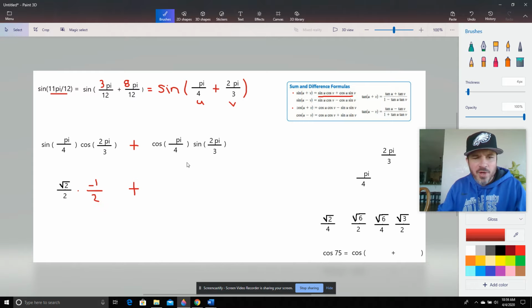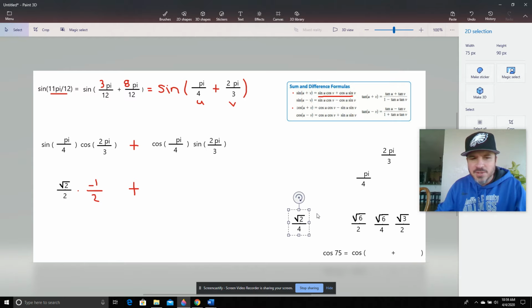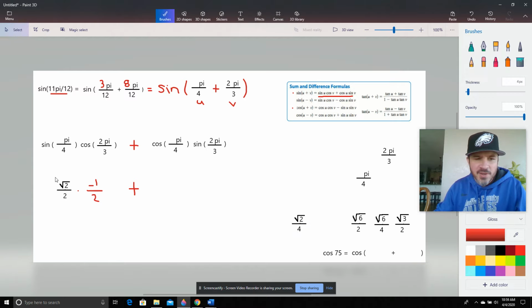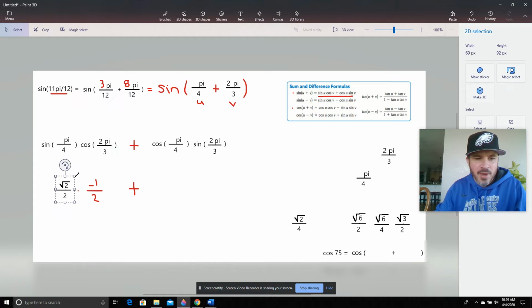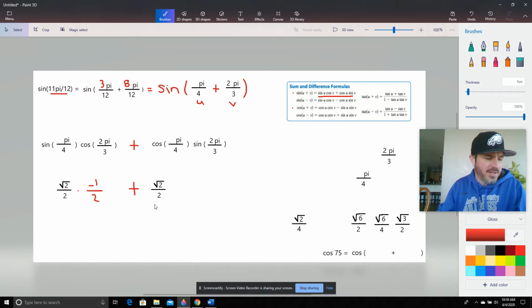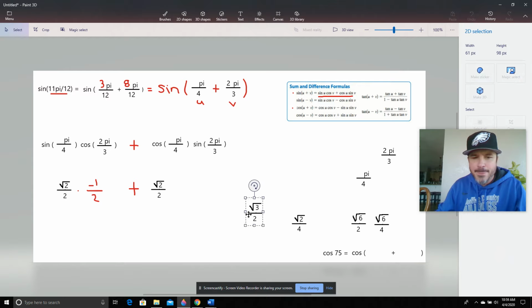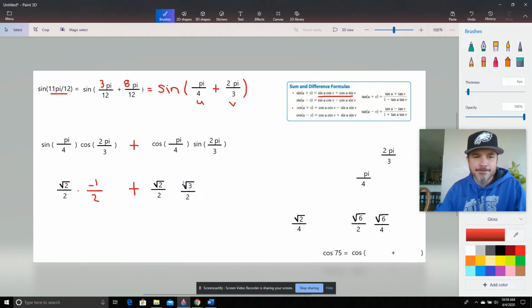Okay. Then we're going to do cosine of pi over 4. And that's going to be, oh, whoops, not that one. That's going to be this guy again. So we'll make a copy of him. Okay. Then we get the sine at that weird spot, and that's root 3 over 2. So that's this guy. So times there.